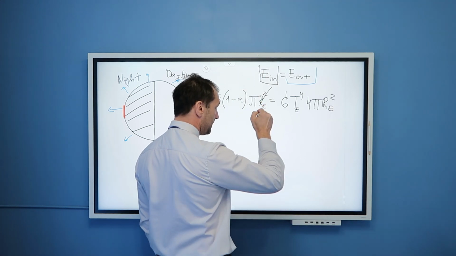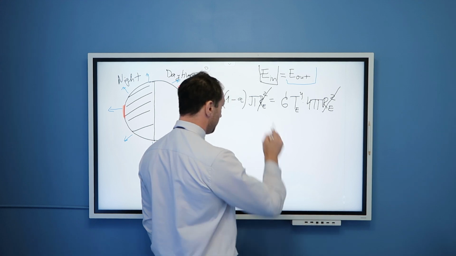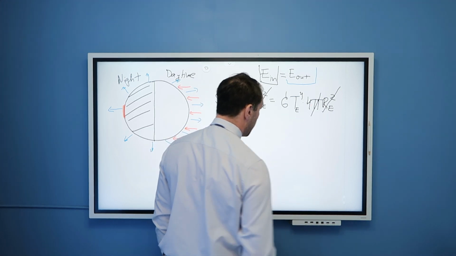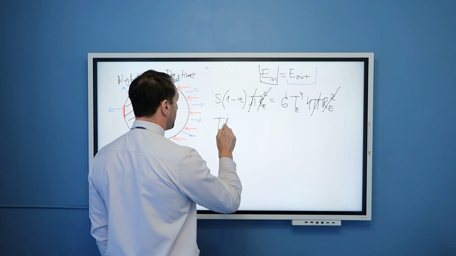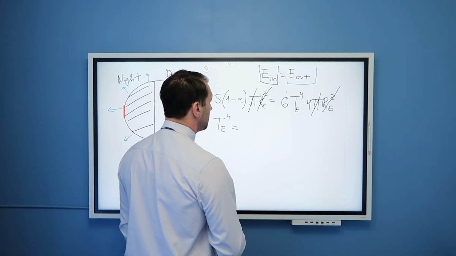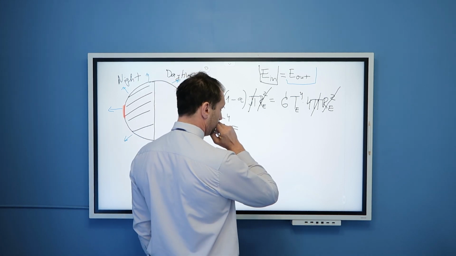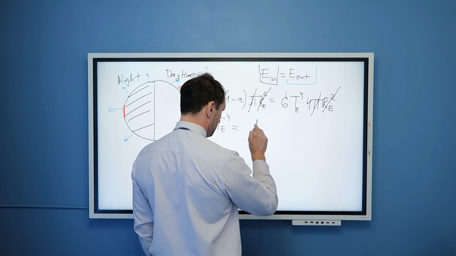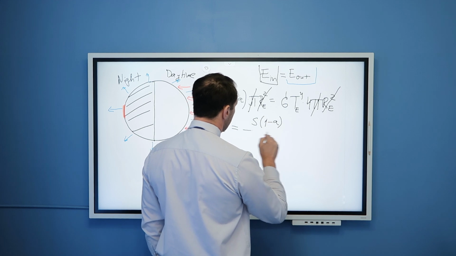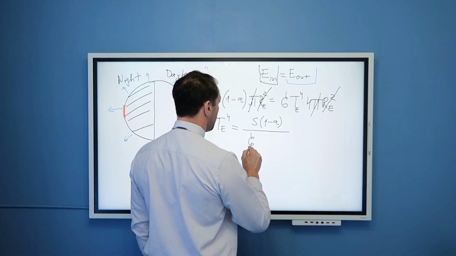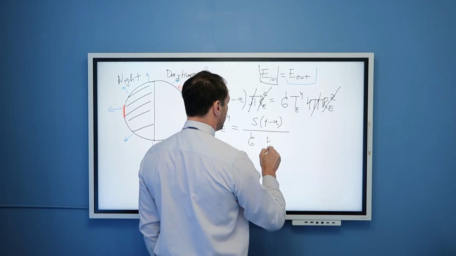So you can see that these radii cancel, pi and pi will cancel, and we get that temperature of the Earth to power 4 is equal to S times 1 minus A divided by sigma times 4.